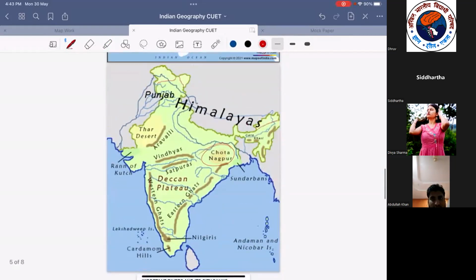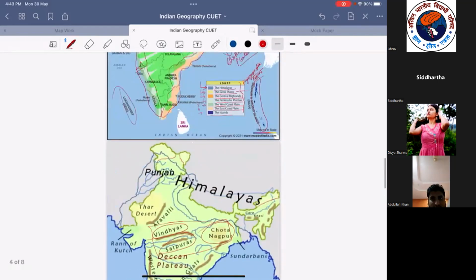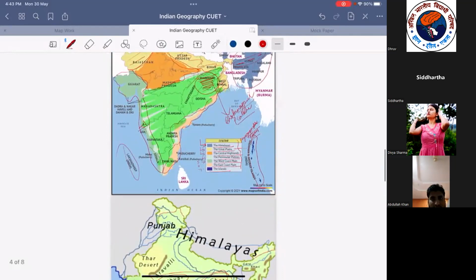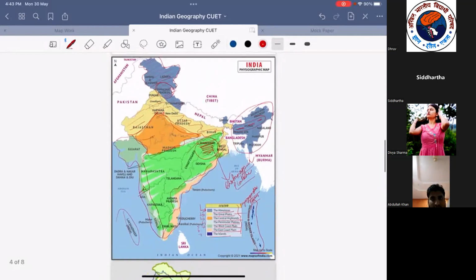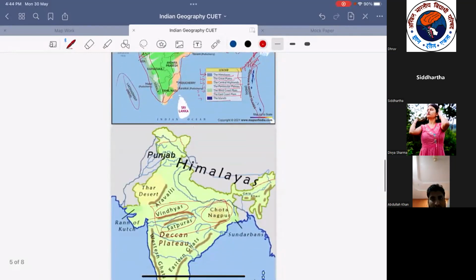Then there are the Vindhyas ranges, Satpura ranges. These three of them, Aravali also, but Aravali is basically a part of the central highlands. So the Vindhyas region and Satpura region fall under these places. You have to keep in mind which range comes in Madhya Pradesh.